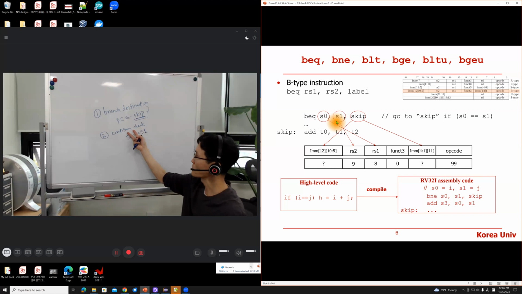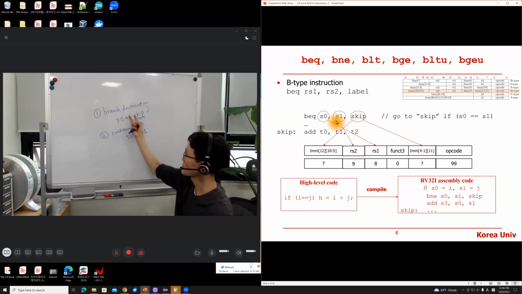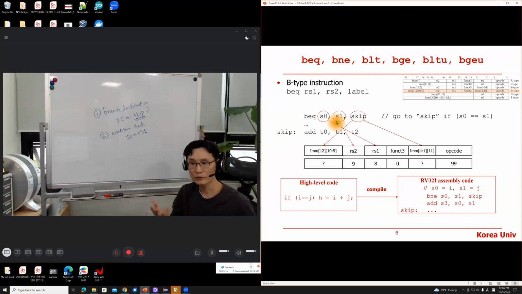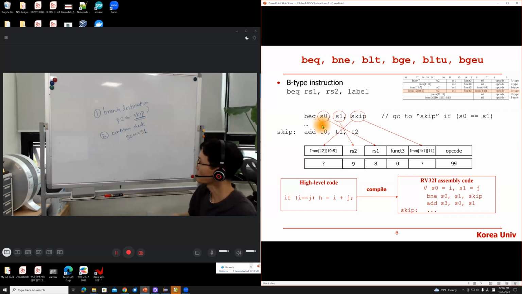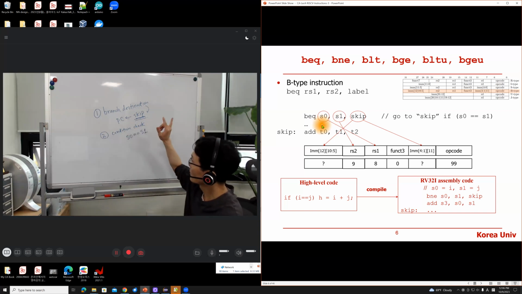So condition check and branch destination computation. Two things should be done by hardware inside the CPU for executing a branch instruction. So far so good? So let's first talk about this one, branch destination computation.